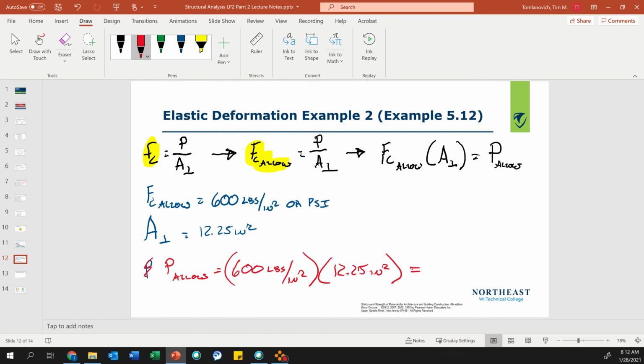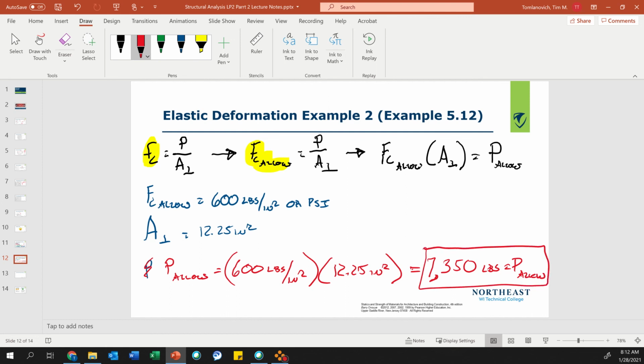So 600 times 12.25, 7,350, that's a comma, pounds equals P allow.